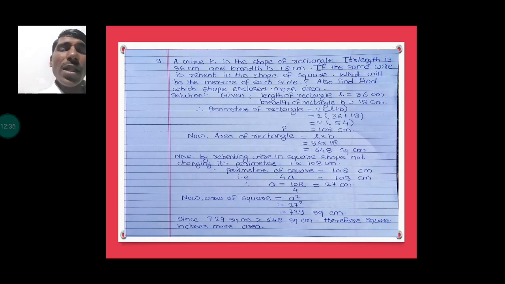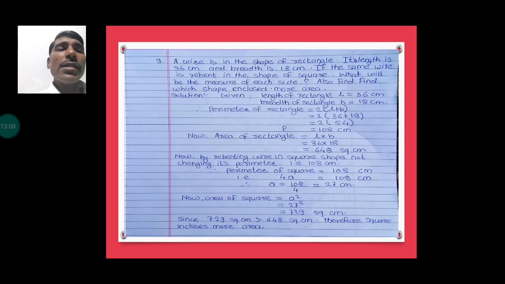Okay, now by rebending the wire into a square shape, you know very well the rectangle has a perimeter of 108 centimeter. The same wire we are using to make one square. By rebending the wire in a square shape we are not changing its perimeter, because rebent means with the help of the same wire, not changing the length.